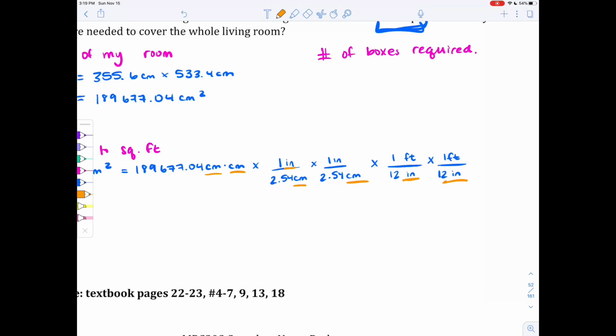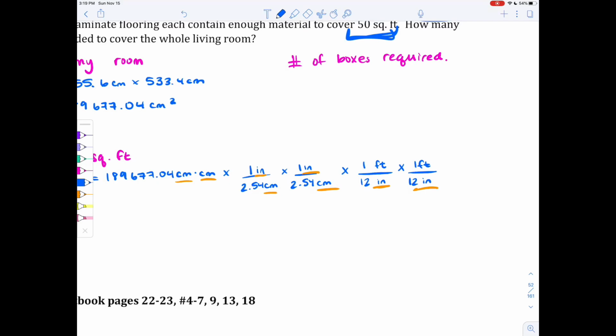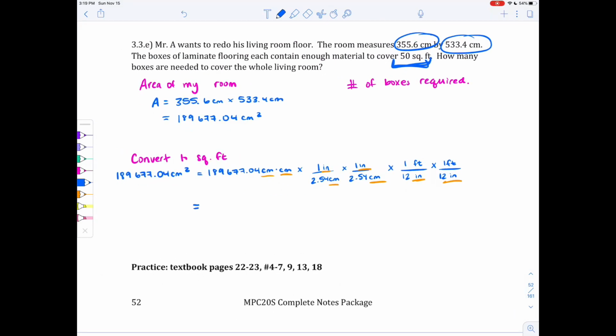And like I said before, you could very well do this in multiple steps. It's my personal preference to do this all at once. And when I plug that into my calculator, I end up with 204.166666667. So I'm going to say 204.17 square feet.